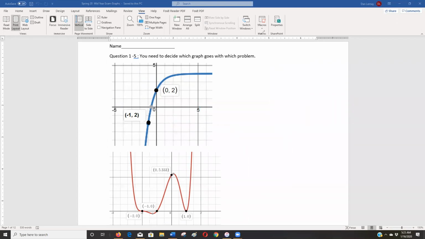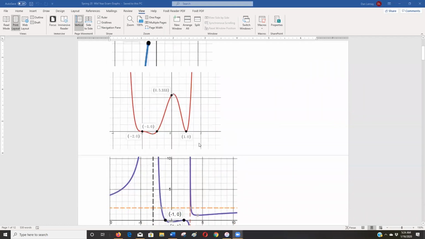Okay, so then for the next one, I see a polynomial function. I know that it's acting like x to the 4th or x to the 6th or something like that. It's certainly an even power. And I told you on the test that this is 5 1/3, that's 16 thirds. So the y-intercept is (0, 16/3).